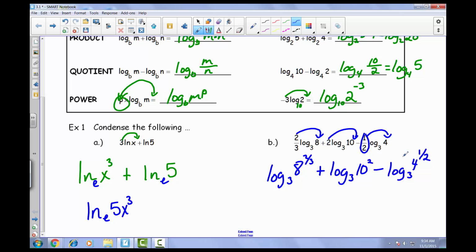And this can be simplified further. When we are adding these two logarithms with the same base, we would be multiplying. So then we have the log base 3 of 8 raised to the 2/3 times 10 squared, minus the log base 3 of 4 to the 1/2.